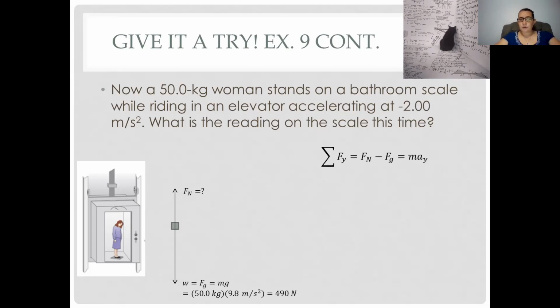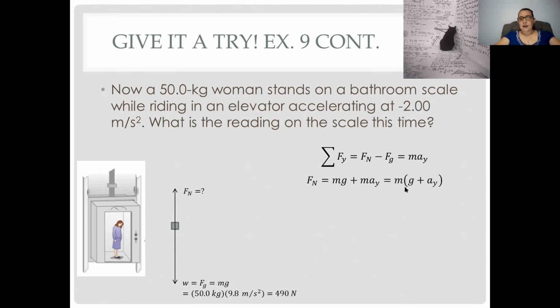So still no forces to deal with in the x direction, just the y direction. The problem starts the same way, right? The sum of the forces in the y direction is the positive normal force minus the downward force of gravity equals mass times our acceleration.